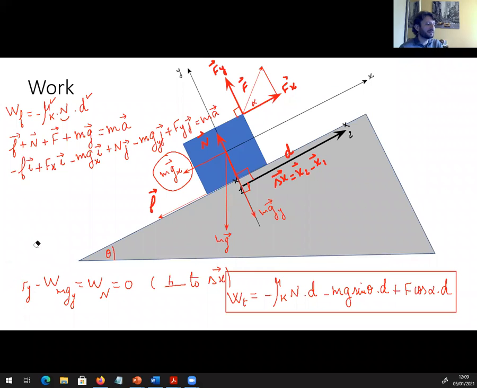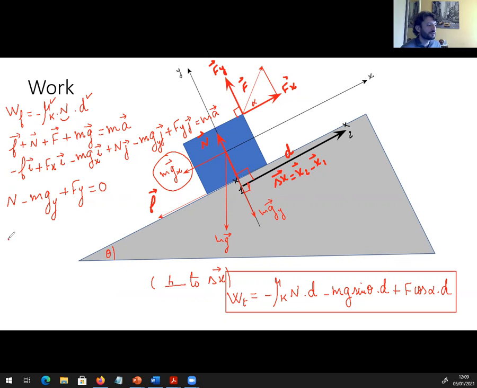To calculate n, we take only the j direction: n up minus mgy plus fy equals 0.